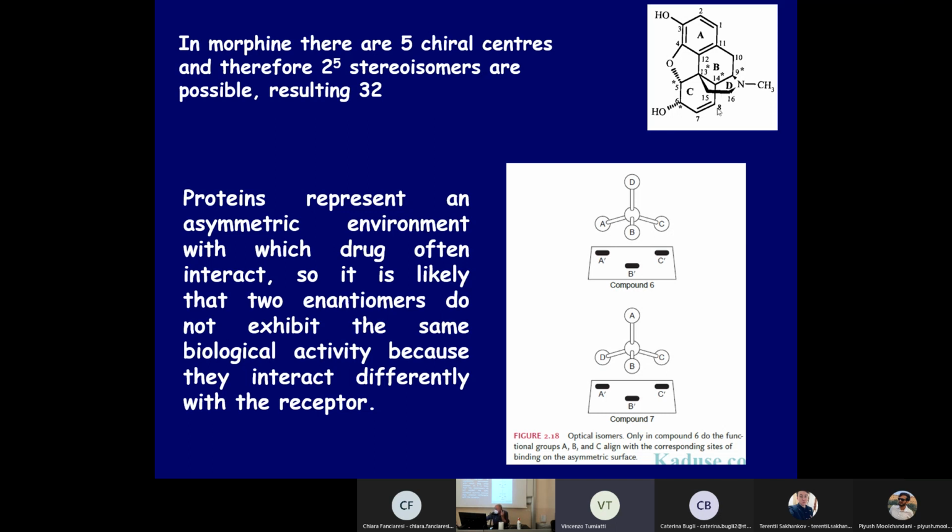And then 7, 8, no, double bond. 9, yes, the third. 10, no, 2 hydrogen atoms here. 11, 12, no, aromatic. 13, yes, 4 different substituents on the same carbon atom. And 14, so we have 5 chiral centers in the same molecule.